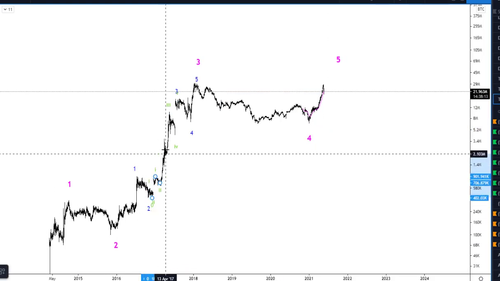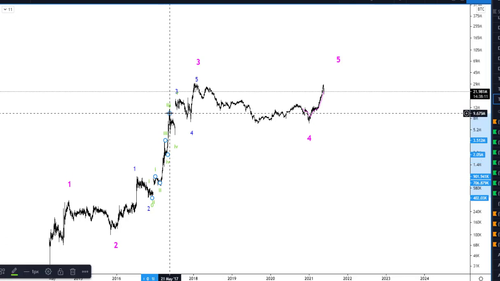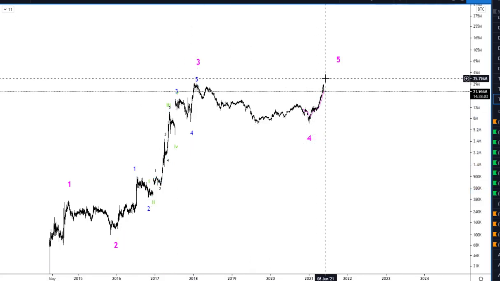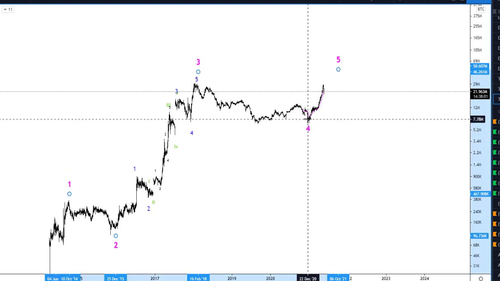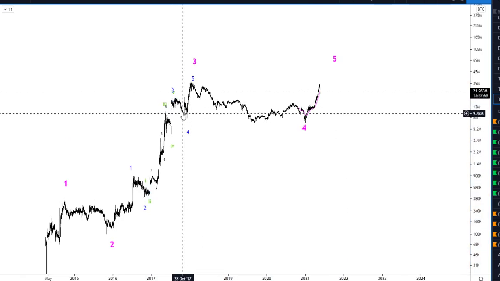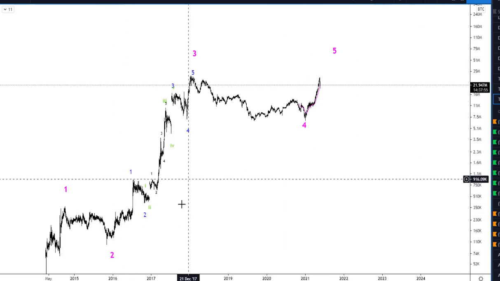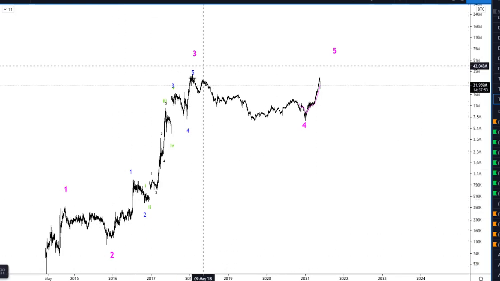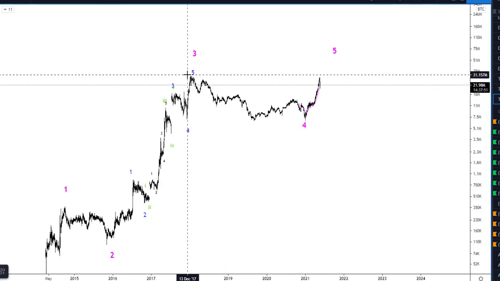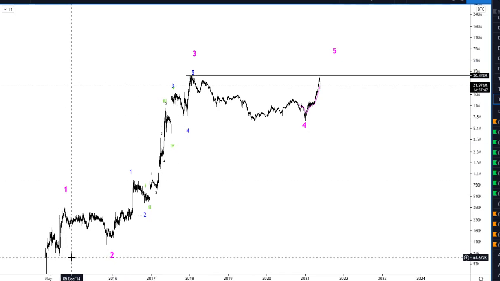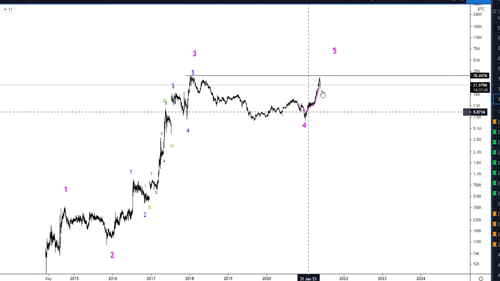Alright, and another one here. Anyway, the point is, this shows your wave 4 finished here, retracing into wave 4 of previous degree. And now, you have a 5 wave cycle, which goes back 6 years now.